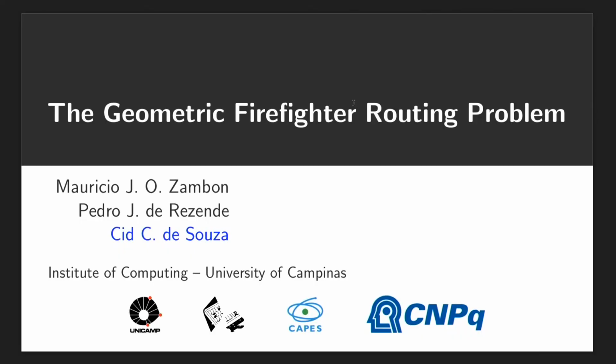Okay, I'm going to talk about the geometric firefighter routing problem. This is a problem that arises in computational geometry. I've been trying to work with people in this field as a new frontier for applications for integer programming. This is joint work with Mauricio Zambon and Pedro Rezende.